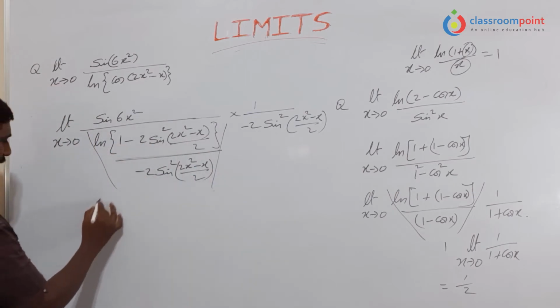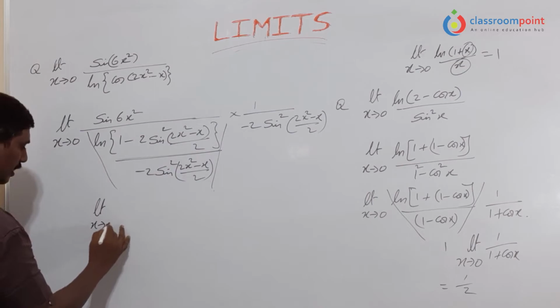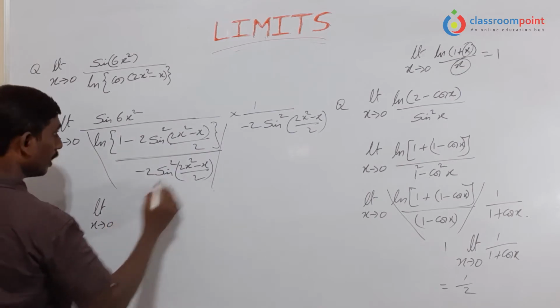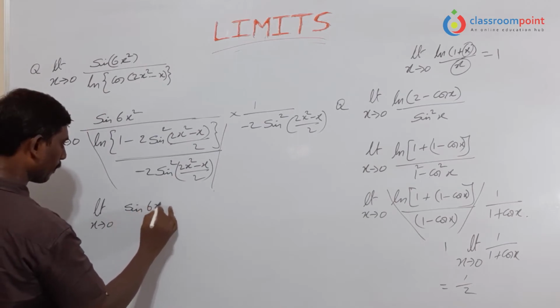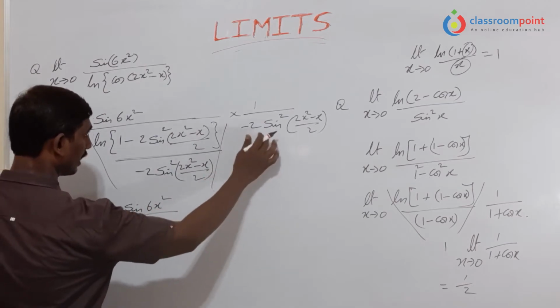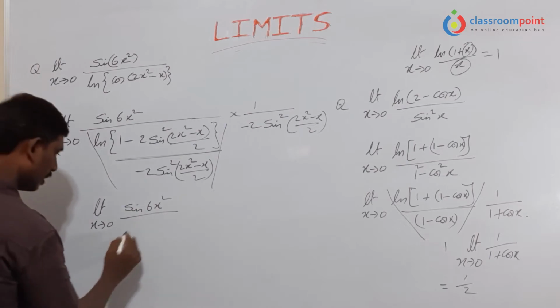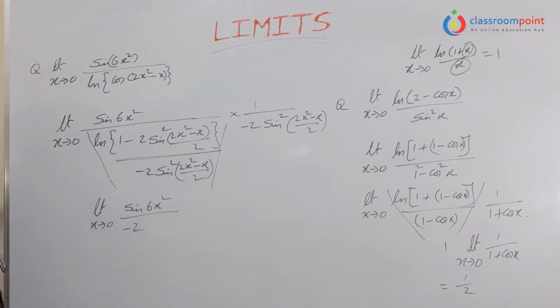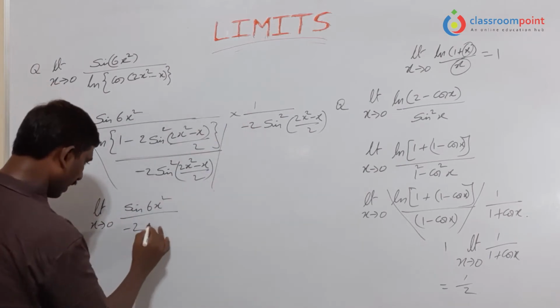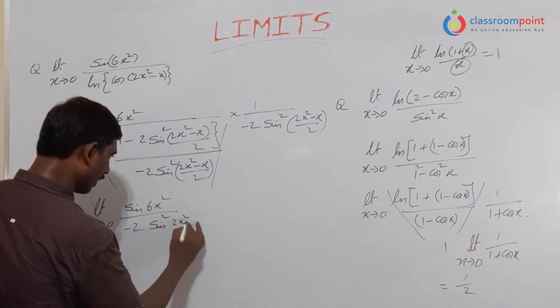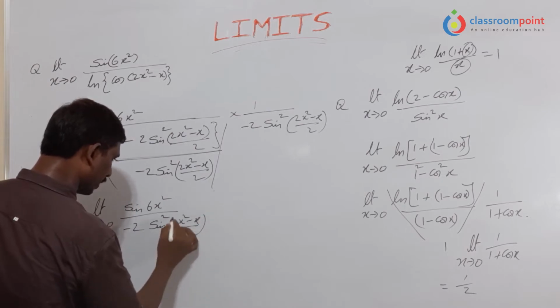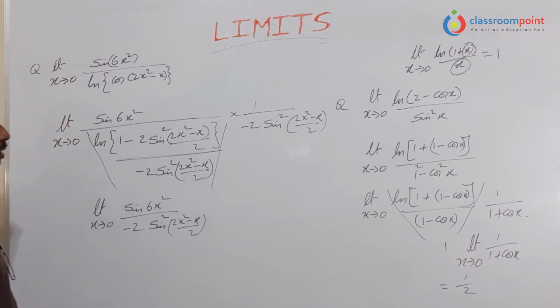Then the remaining value, limit x tends to 0, sine 6x square as it is. The denominator value I can write here as minus 2 into sine square of (2x square minus x) by 2. Right? Up to this one is the limit x tends to 0 we get.